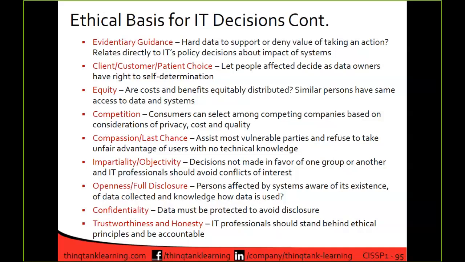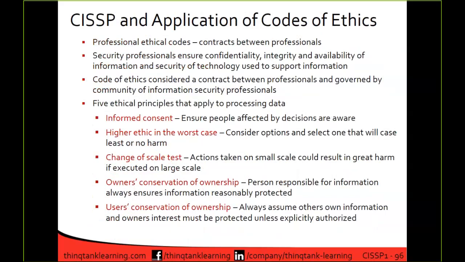IT professionals should stand behind ethical principles and be accountable. Okay? Again, guys, this is not rocket science. You understand what we're talking about here. We pretty much operate in our daily lives with these principles, right? We're just extending these principles to technology and information, but it's not difficult to understand.